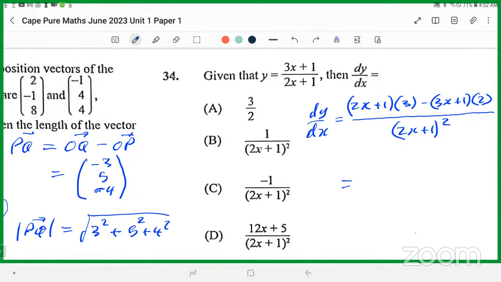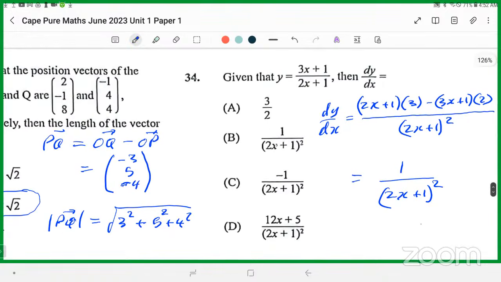So we get 3 minus 2 on the numerator, which is 1, over the bottom squared, which is (2x plus 1) all squared. So the answer is this one right here.